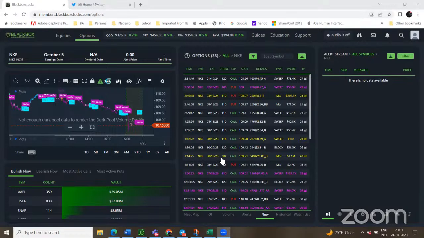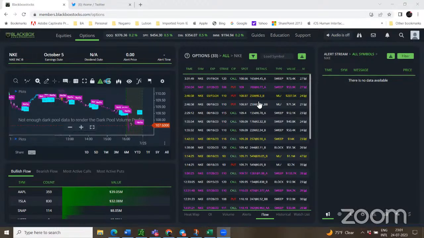This is 114. 90 calls were sold. 90 puts were sold. So they were kind of happy at 109. So once 109 was gone, it closed at 107. This was profit booking. Still, we have 110 puts being sold.